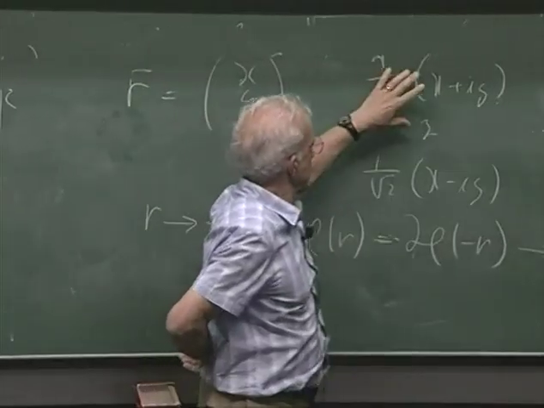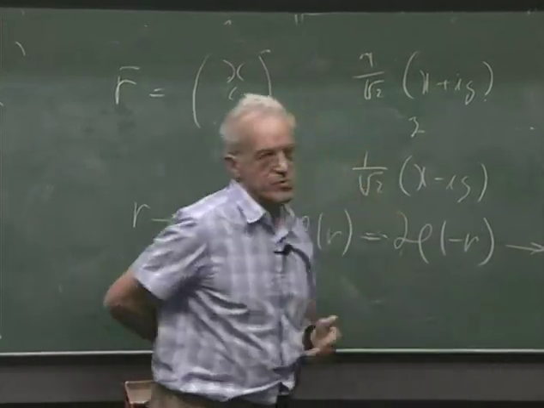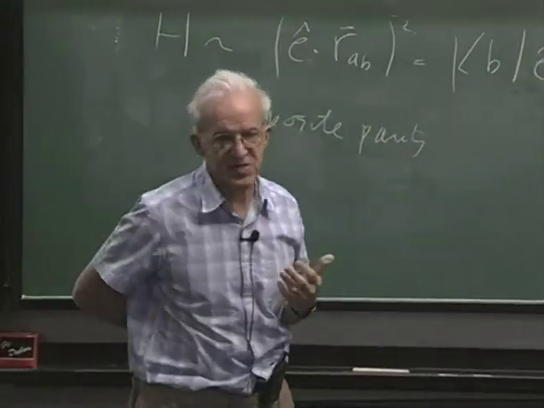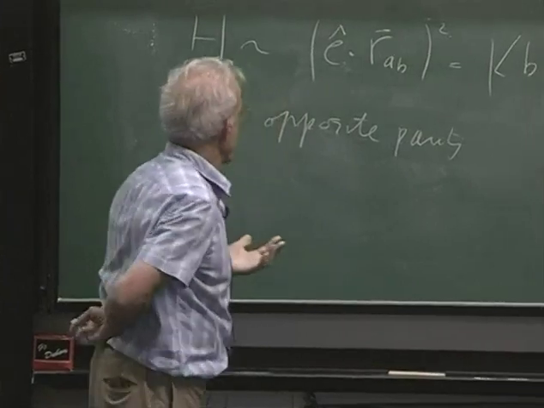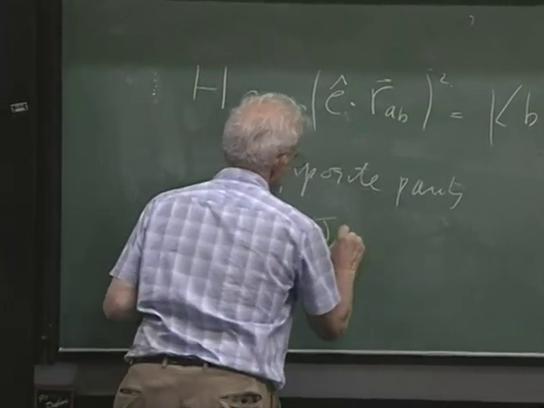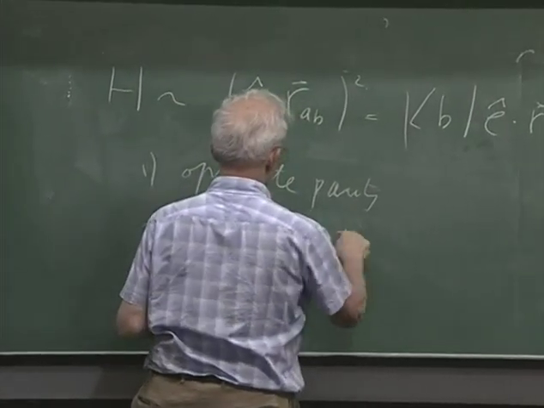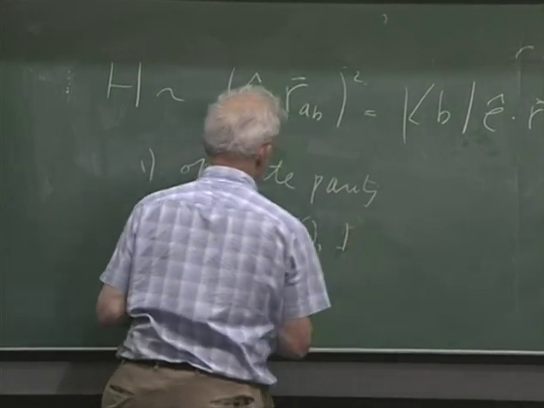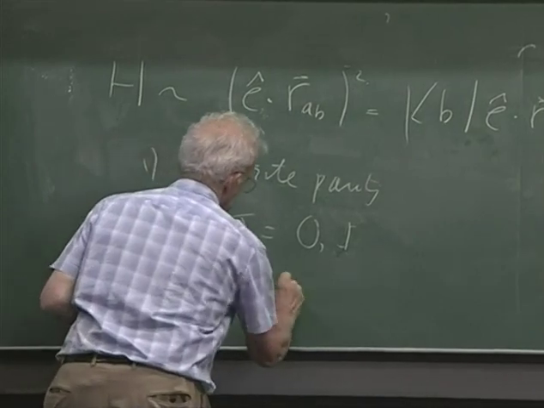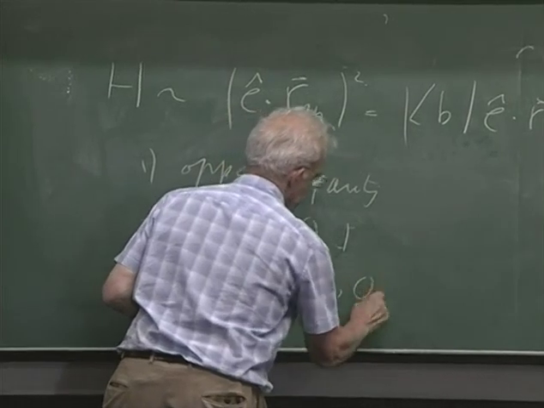And also because of the nature of this operator as a vector operator, you can prove that it will only have matrix elements between states whose total angular momentum J differs by delta J of 0 or 1. And M, which is the eigenvalue of JZ, delta M can be -1, 0, or +1.